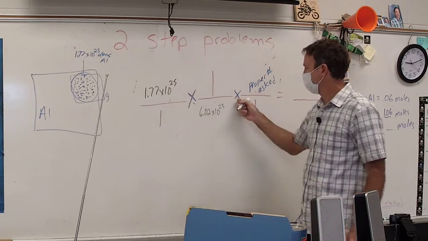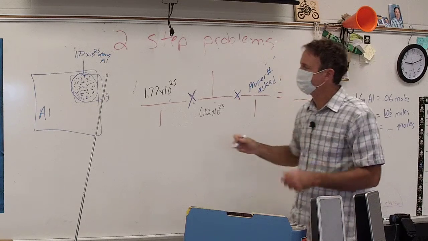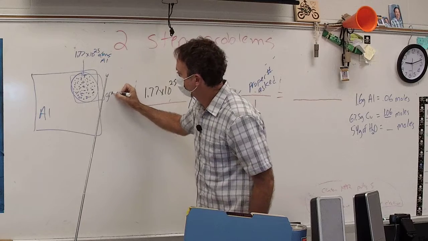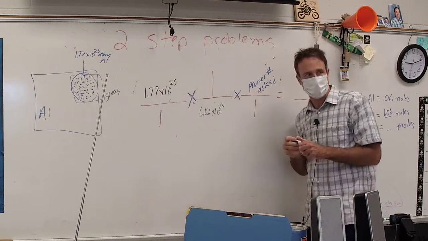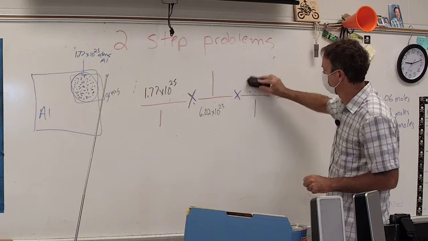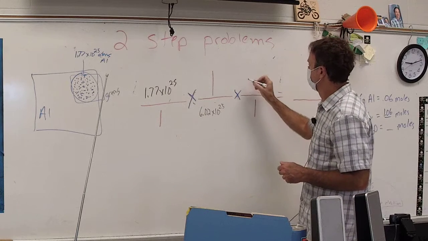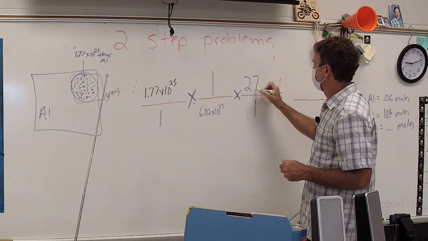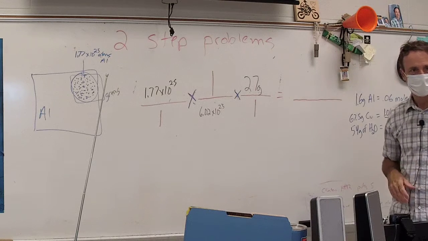And then now it says times the proper number we're asked for. So we're asked for how many grams are there. So what's the proper number for aluminum in grams? 27. You just look that up on the periodic table. At the bottom of the aluminum card, it says 26.9, but we're just going to call it 27. And then there's your answer.